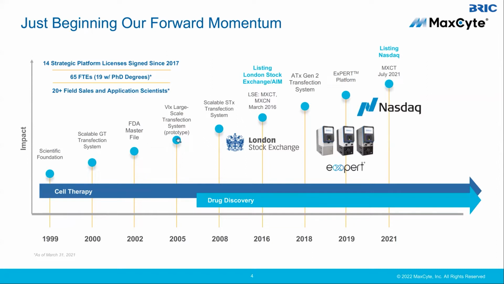I will not go into it today, but we have another platform called the VLX, which is even larger scale electroporation, where we can electroporate up to 200 billion cells at 1 liter scale in under 30 minutes. We are listed on the London Stock Exchange, as well as recently on the NASDAQ. And in 2019, we launched our expert series of instruments, which I will go over shortly.